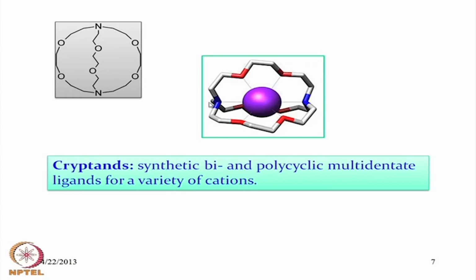So, when this nitrogen is puckered, it points towards this particular end, and when this nitrogen points toward this particular atom, it is forced to show some other interaction. So, you can see that in this structure, the coordination for this metal center is from 6 oxygens as well as 2 nitrogens. So, it is 8 coordinated.